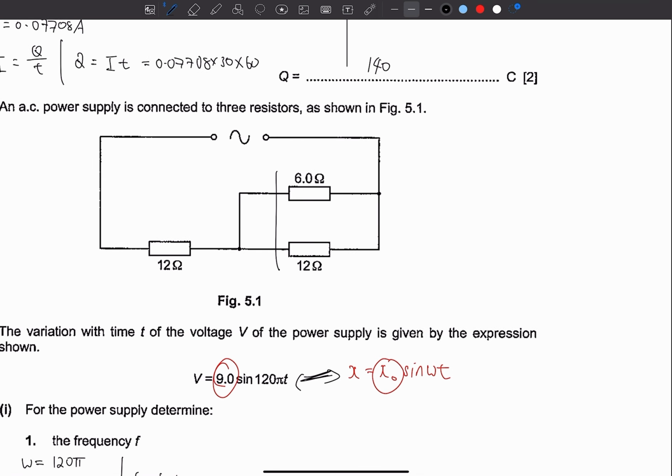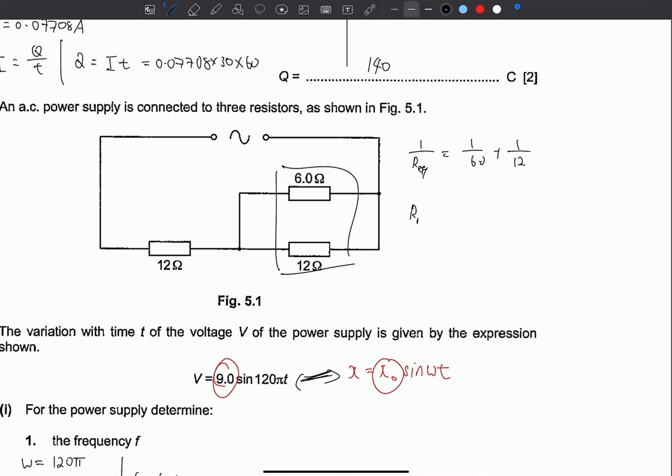We will first consider these two, right? So how to find the effective resistance? 1 over R effective equals 1 over 6.0 plus 1 over 12.